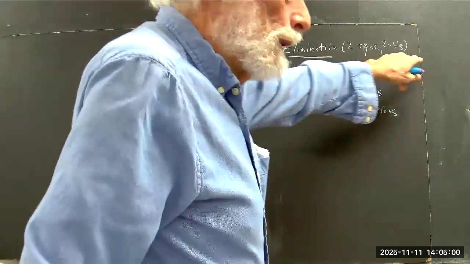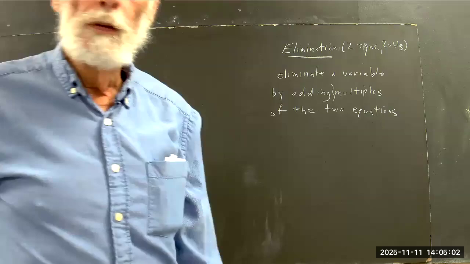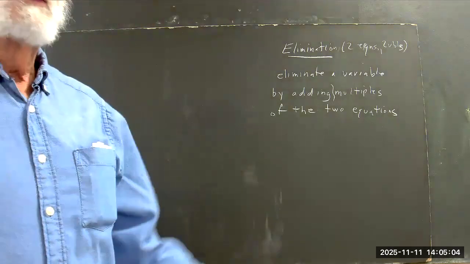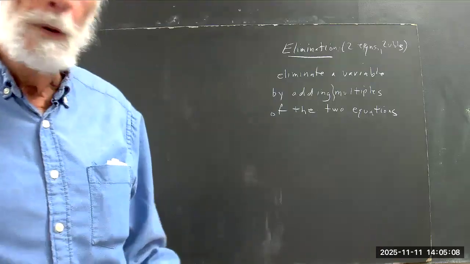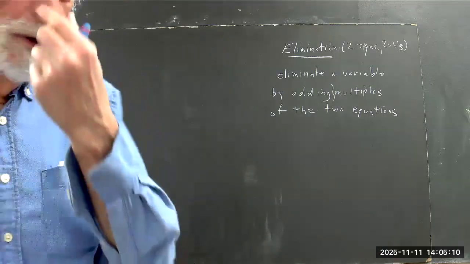Written very sloppily, but that just says two equations in two variables. We can do it for three equations in three variables. We can do it for four equations in two variables. Okay. We can do elimination.